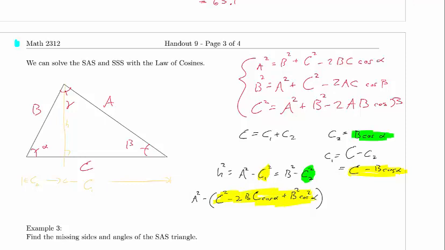And again, we expanded that term out, and we're going to do the same thing with the C2 that we have highlighted in green. And this equals b squared minus b squared cosine squared alpha.